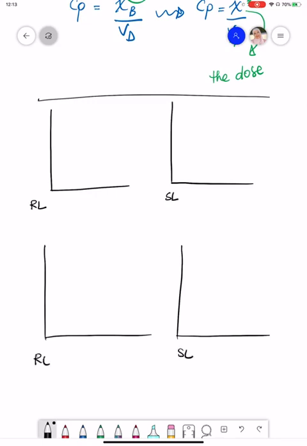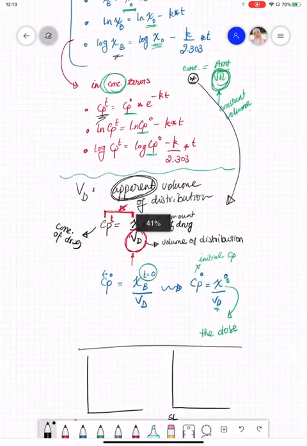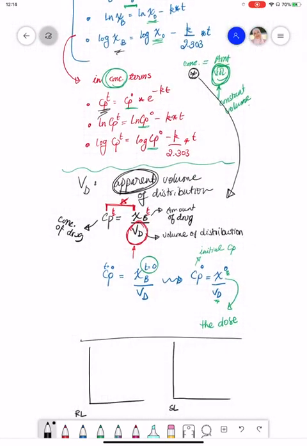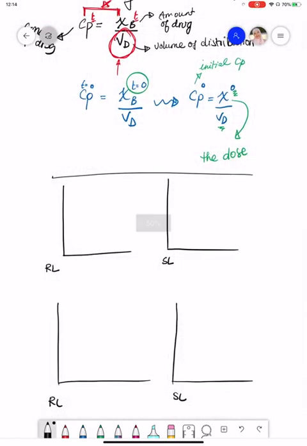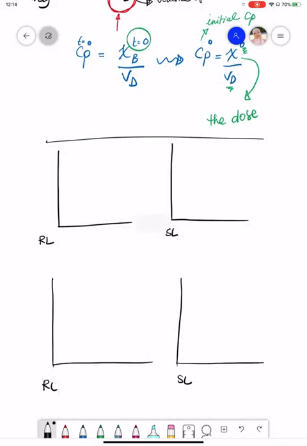Again, I will use the IV bolus one compartment model equation, but in concentration terms. I will not rewrite the equations, but you will have them here as graphs.